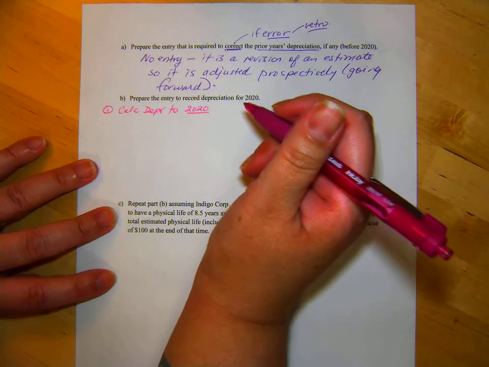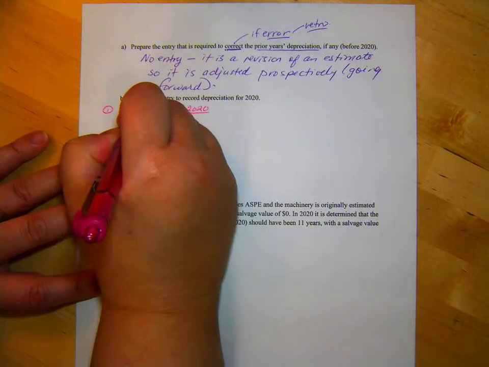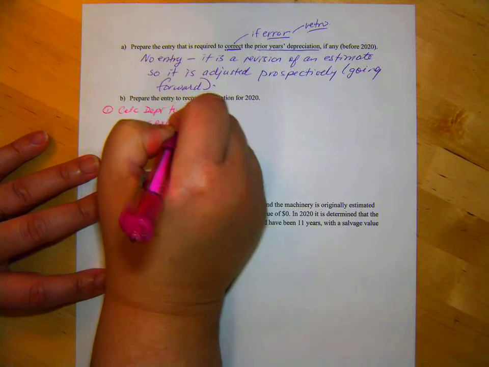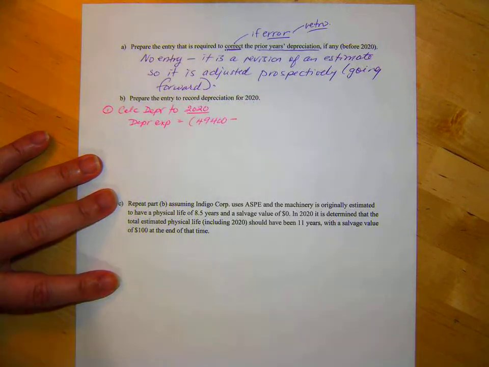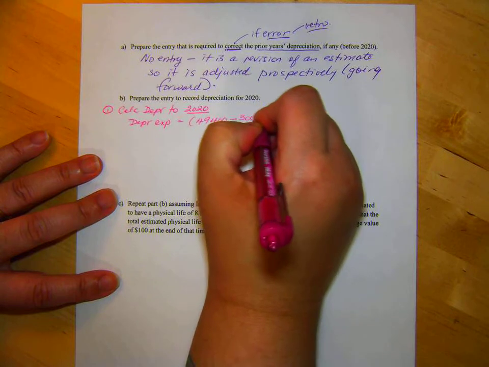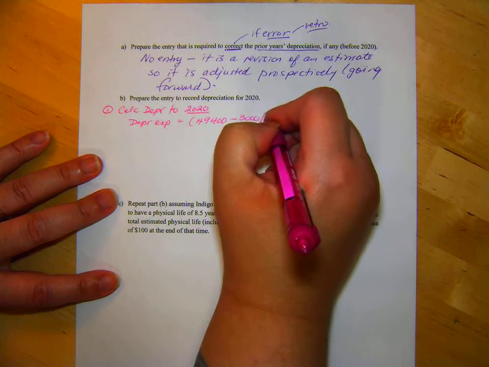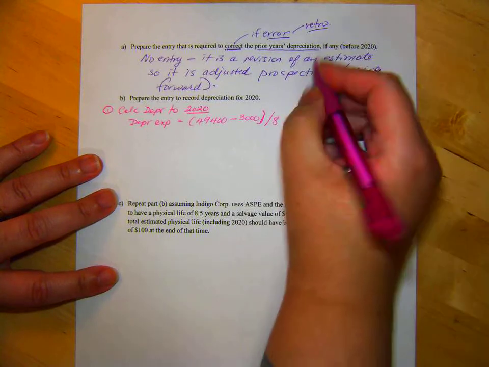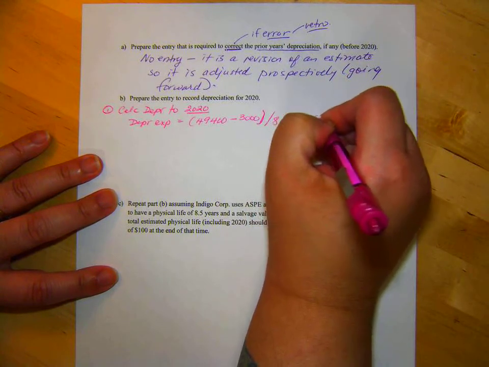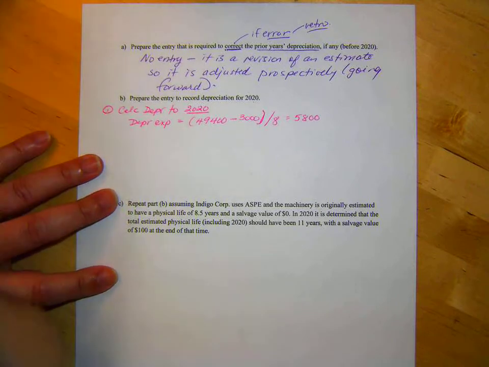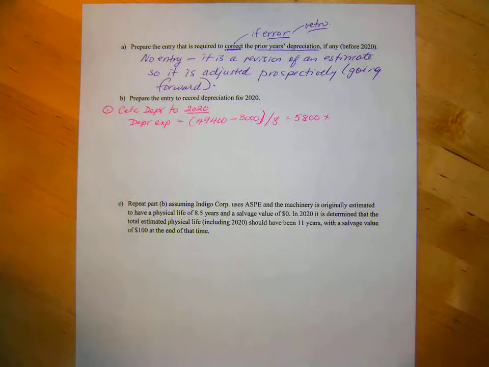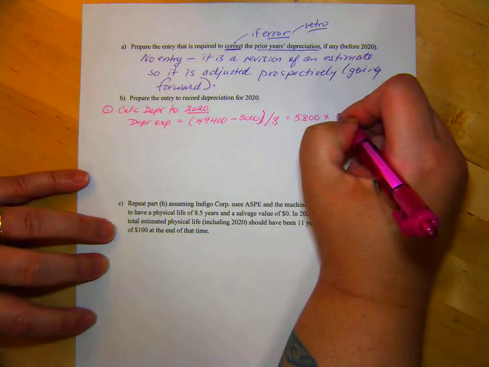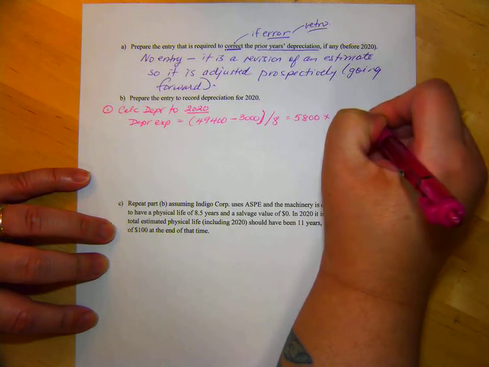So, it's straight line, so depreciation expense equals cost, 49,400, minus residual, 3,000, divided by 8 years is 5,800. And how many years have passed? They've done it for 5 years. So times 5. So 5,800 times 5 is 29,000.